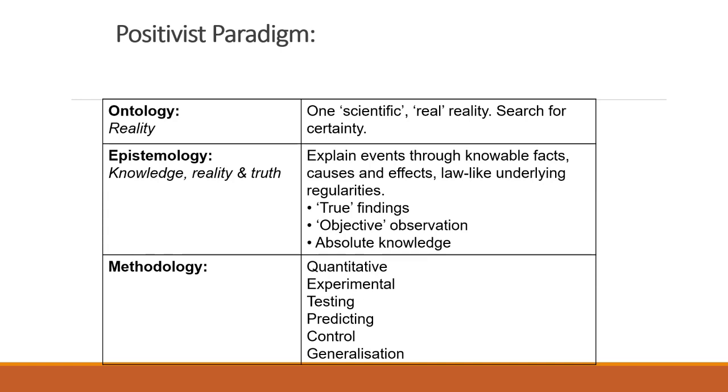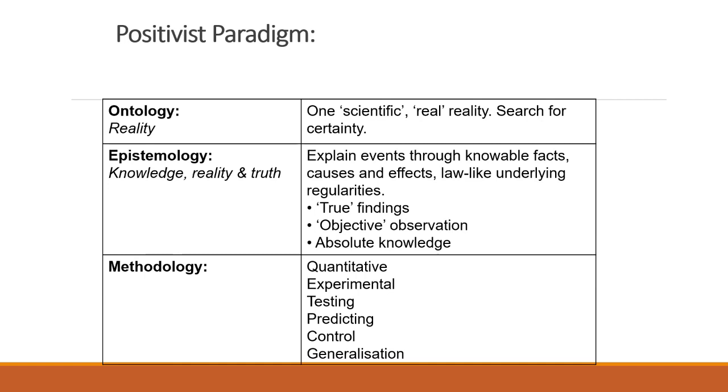So very specific, very direct. So it's about the true findings, right? And it's about objective observation. So you're looking in from the outside, and you don't want anything to be tainted. You want objective reality, and it's about absolute knowledge.